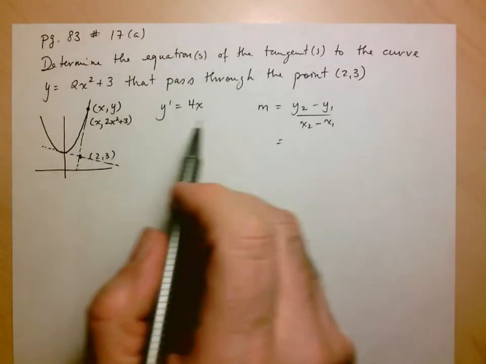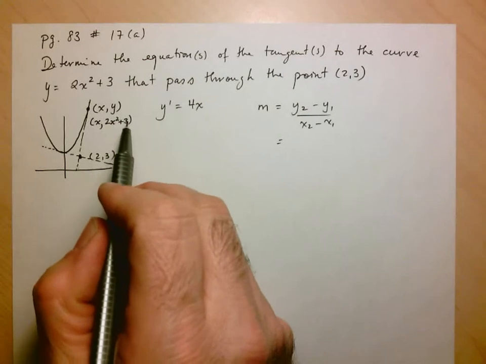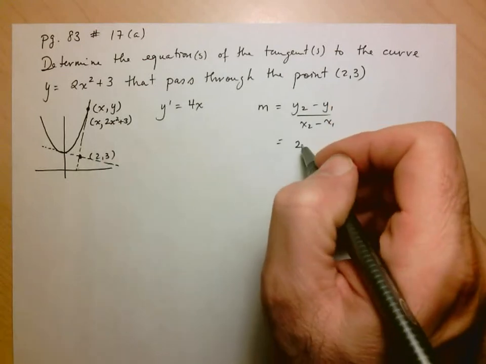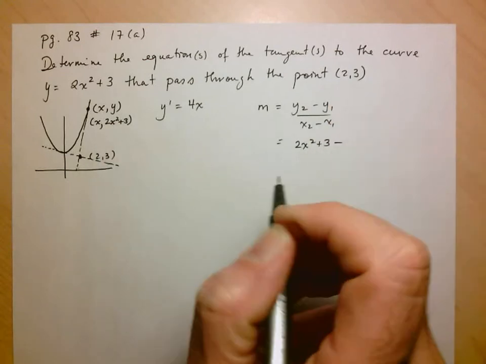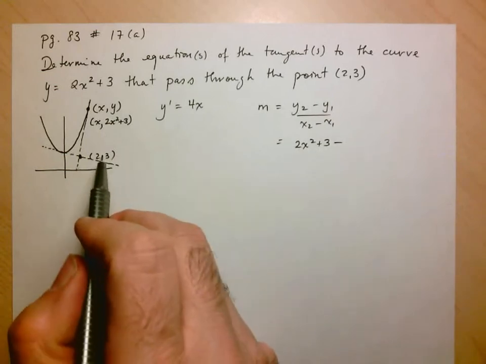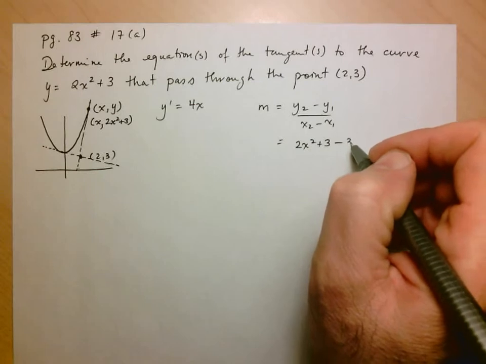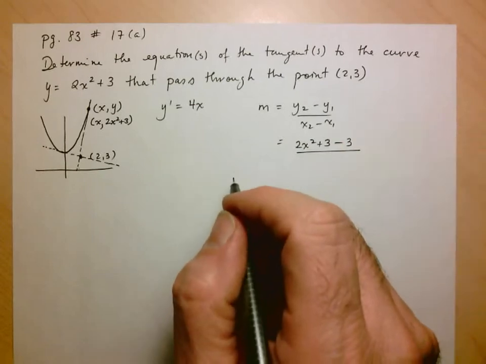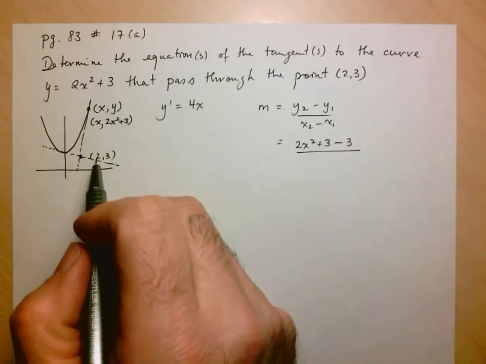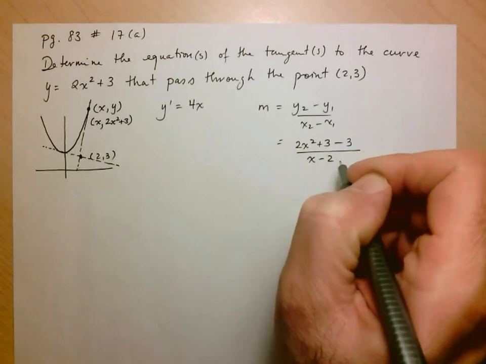Here my y2 will just be the y value from the curve, so 2x squared plus 3, and my y1 I'll just take as the y value from the point, so that's just equal to 3. Then x2 minus x1 is just going to be the x value minus the x value, so x minus 2.